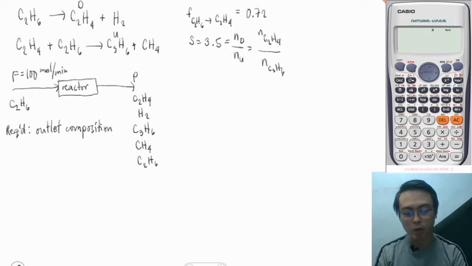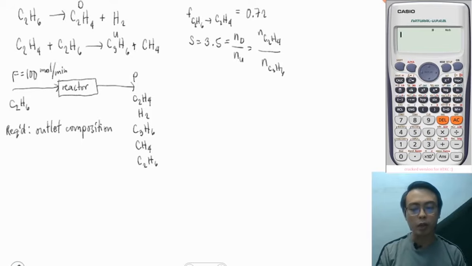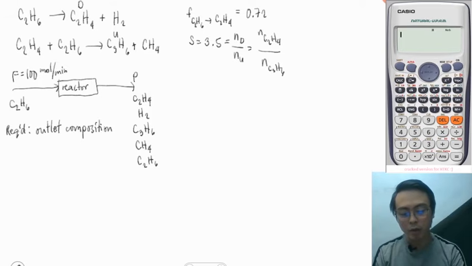For the second equation, we also have C2H4, but C2H4 is already a product of the first equation. No need to list C2H4 twice. Okay, this is sufficient. Since we want to determine the outlet composition, let us label the unknowns. We simply write N1, N2, N3, N4, and N5.